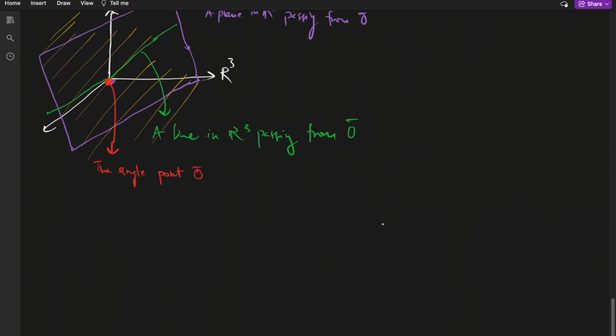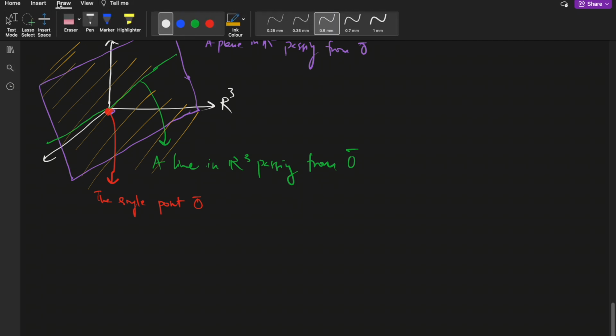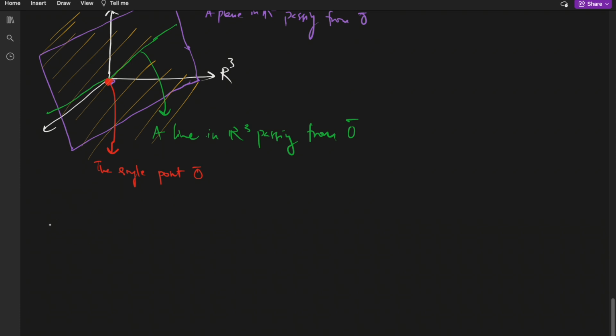Okay. Also, one more important thing: the columns of a matrix are not the column space. If you are saying that the columns of a matrix are the column space, no, you are totally wrong. It's the linear combination of columns, or the span of columns, that is the column space. This point is very important.